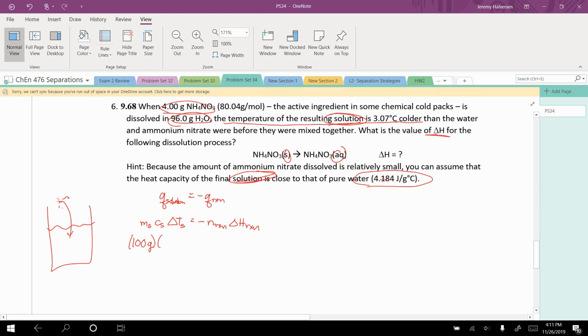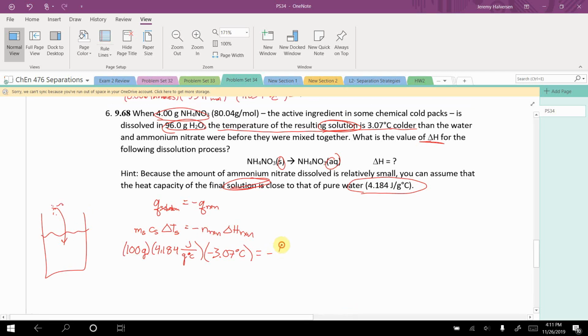Specific heat of my solution, they tell me it's the same as water. Change in temperature of my solution, it gets 3.07 degrees Celsius colder, so it needs a negative. Equals negative, and then how much stuff did I react? Well, 4 grams.